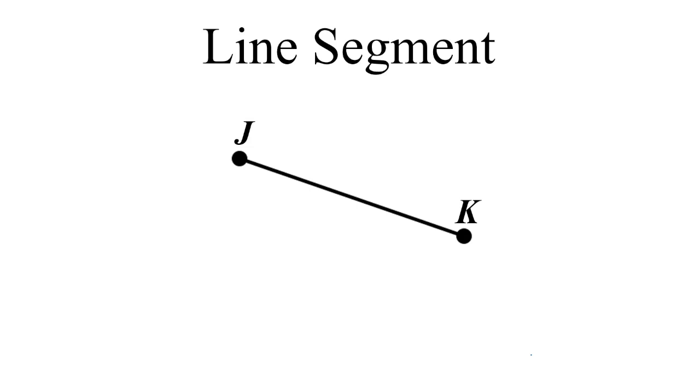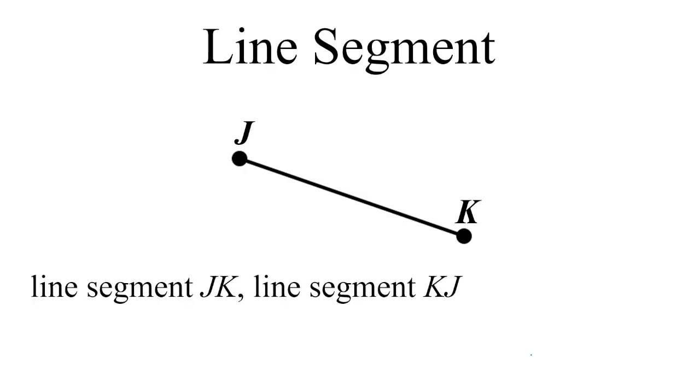It can be measured. So line segments are named after the endpoints. Therefore, it could be called line segment JK or line segment KJ. And the symbol for a line segment would be a bar over the names of the 2 points.